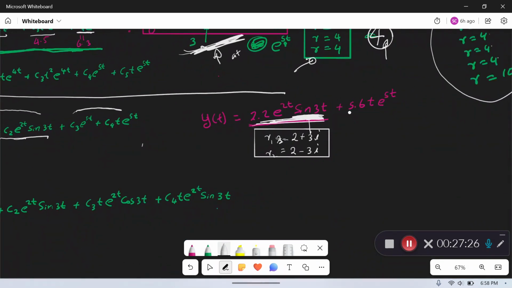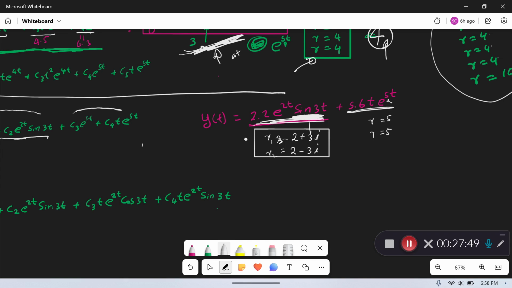And here we can see the t term, and that means to get the t here, we should at least have two roots repeated. By looking at this number 5, we can see that 5 is the repeated root and it has been repeated 2 times.